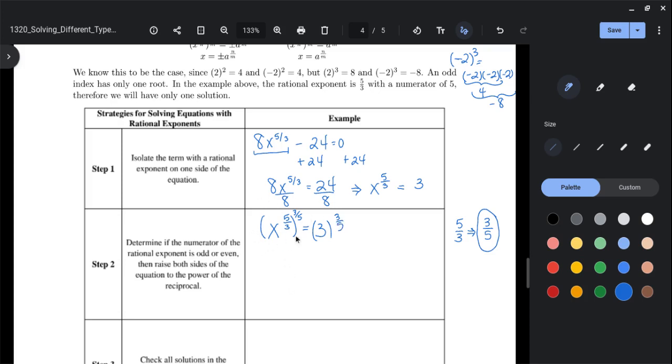Now you'll notice the reason we're multiplying by the reciprocal is because when I do my exponent rules, if I'm raising a power to a power, we multiply those powers.